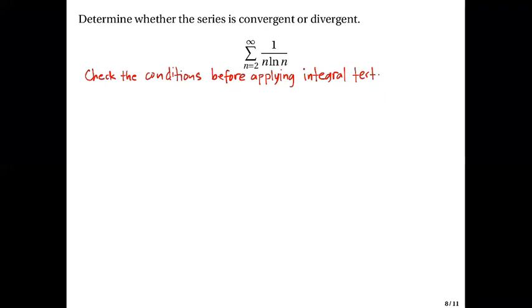Okay? So we proceed with the improper integral. We have the integral from 2 to plus infinity of dx over x ln of x. And then by definition, this is the limit as t approaches plus infinity of the integral from 2 up to t of dx over x ln of x.